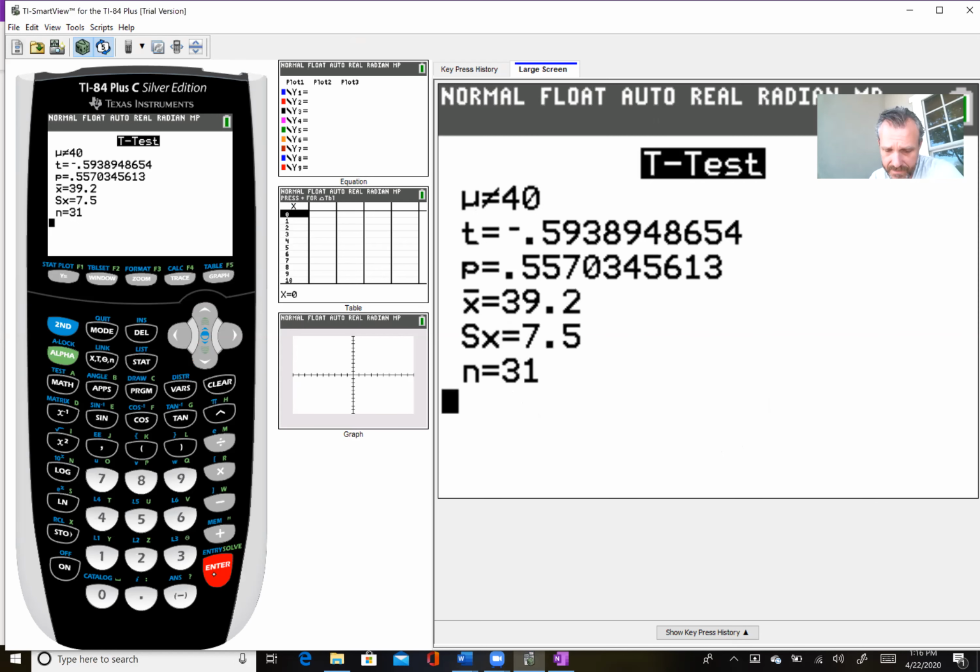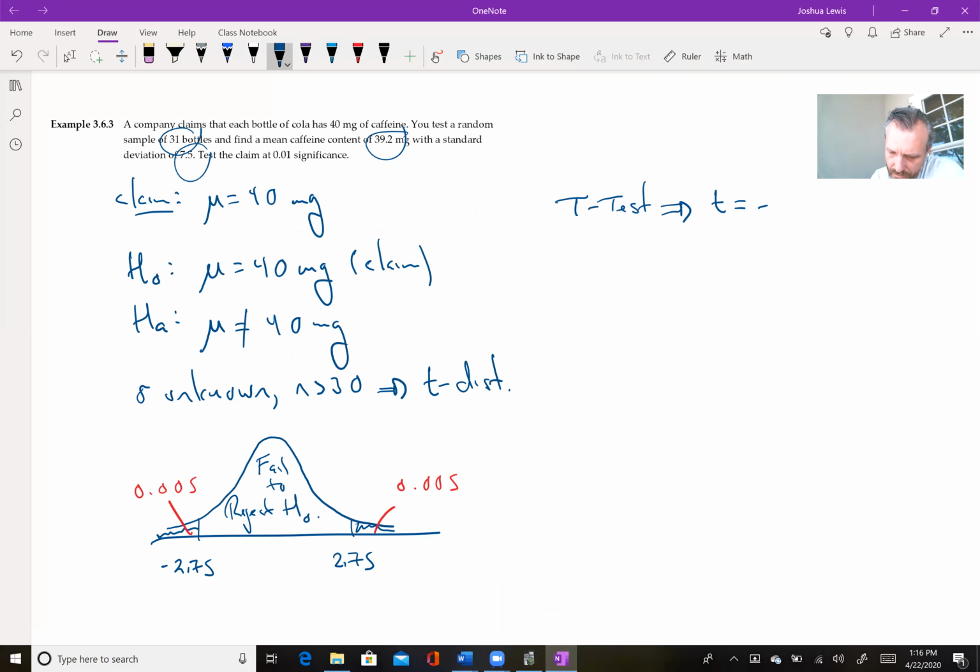T is negative 0.594. So fail to reject the null. Okay. Which is good if you're the company, right? That says there's not enough evidence to tell us we're wrong.